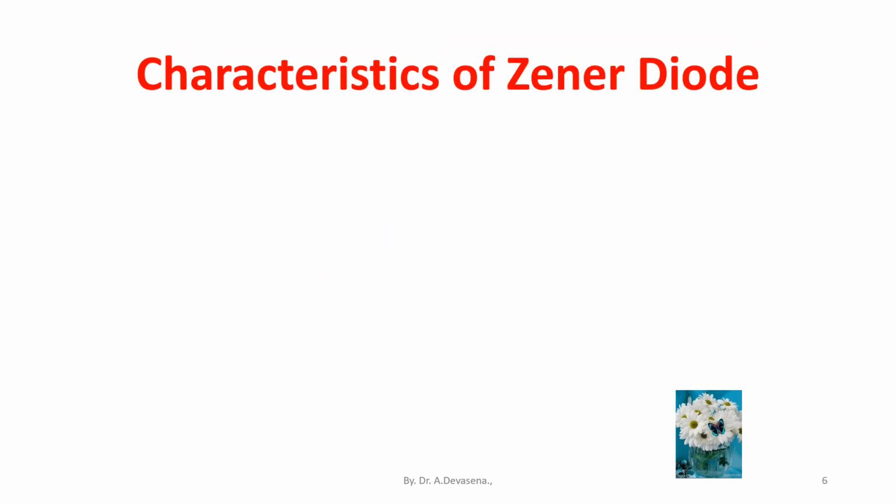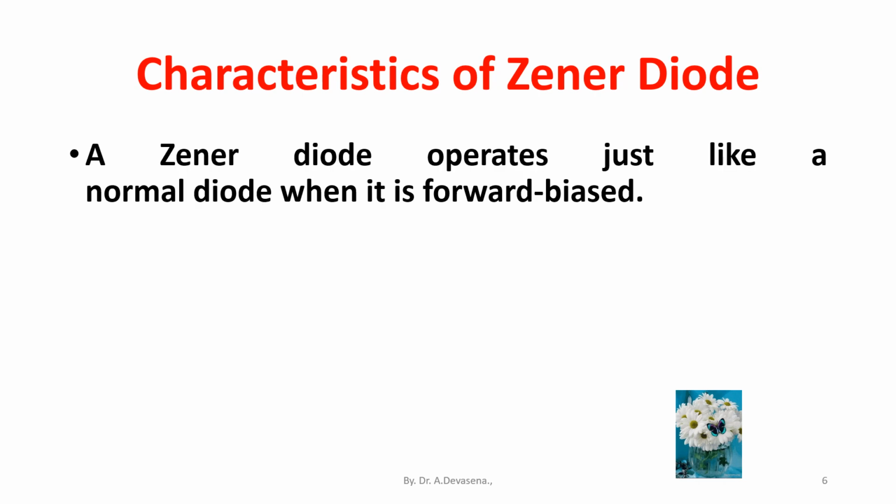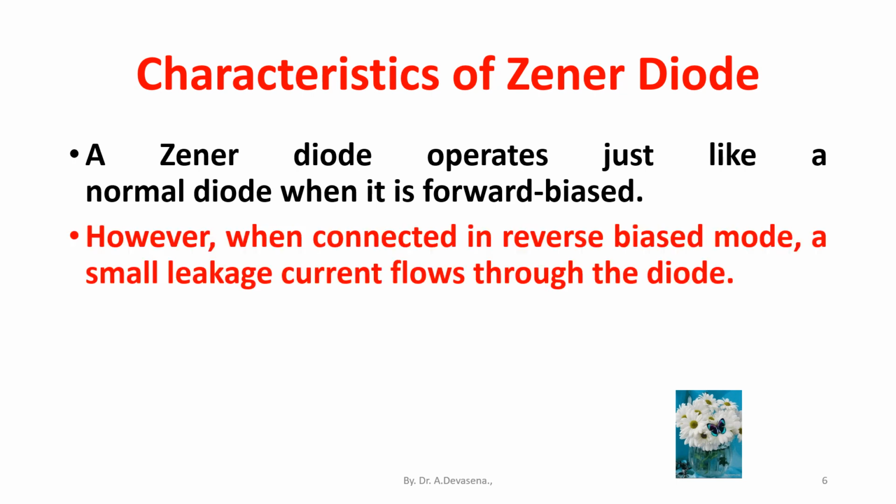Characteristics of Zener diode. A Zener diode operates just like a normal diode when it is forward biased. However, when connected in reverse biased mode, a small leakage current flows through the diode.